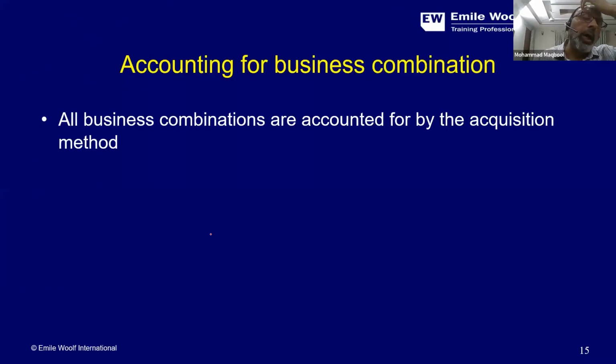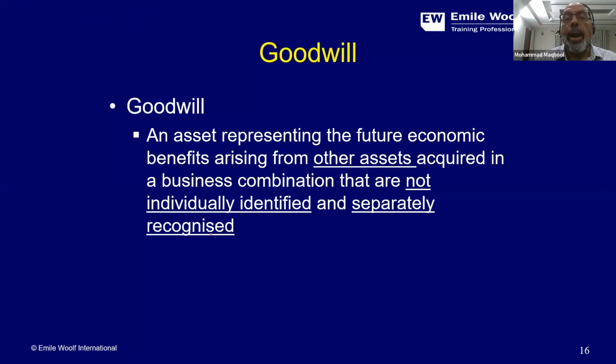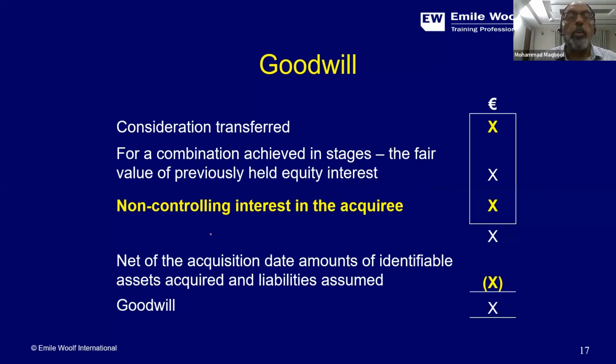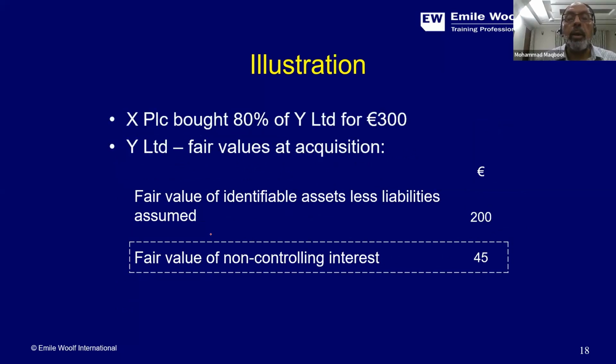Okay, so two things which I wanted to remind you here. One is the calculation of goodwill, and goodwill need not be amortized, rather it is tested for impairment. And there are two ways to work out the goodwill.